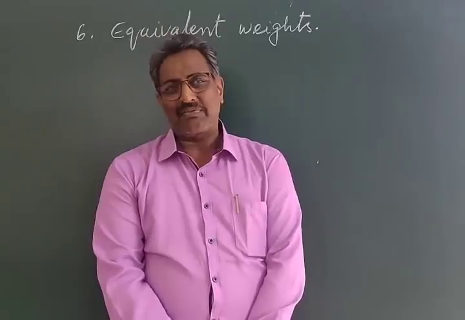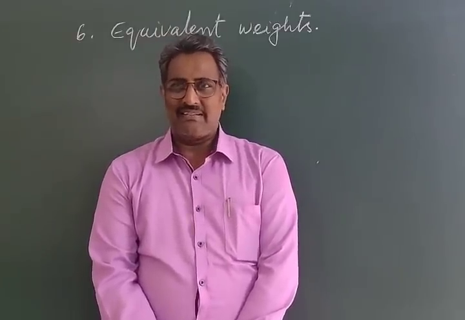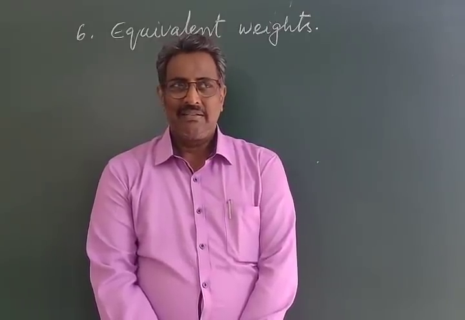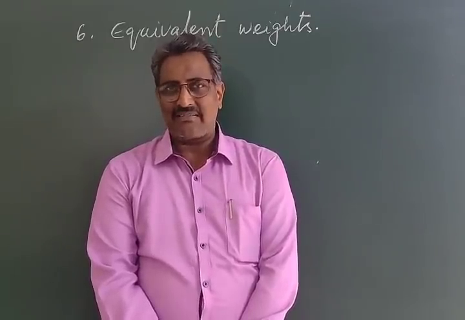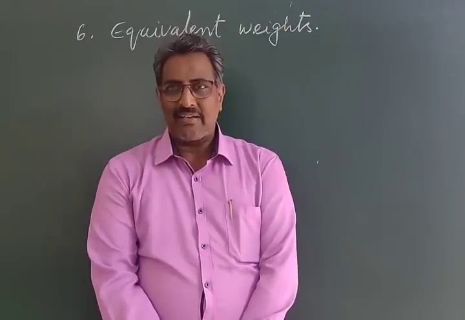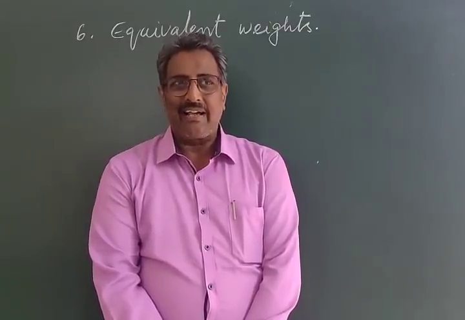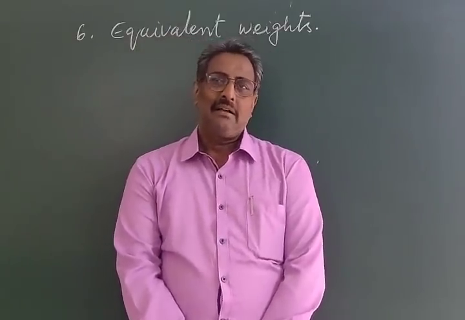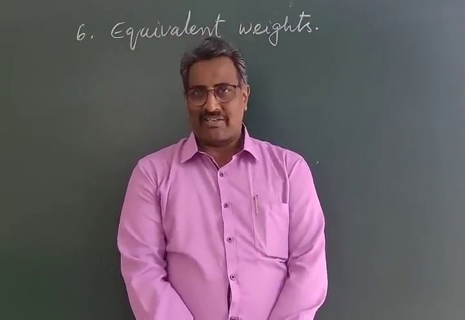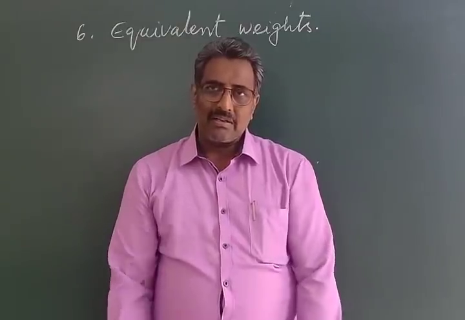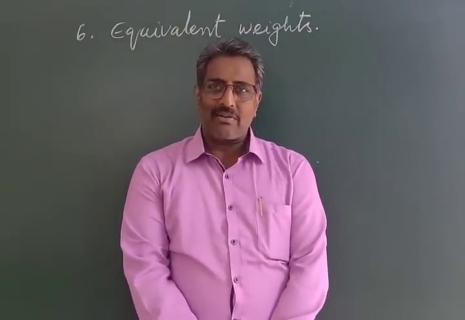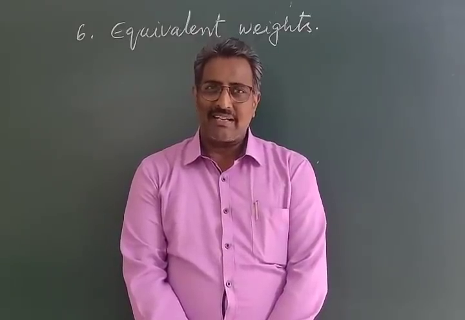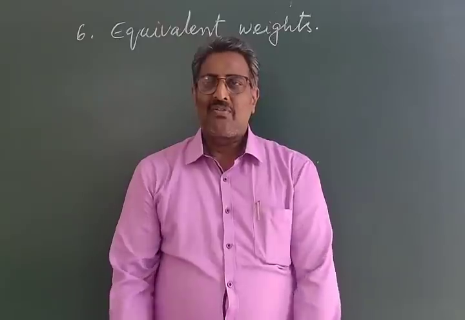The formula weight is also calculated just like the molecular weight, but it should not be called molecular weight. Okay? Gram molecular weight of substance contains Avogadro's number of molecules, whereas gram formula weight of substance contains Avogadro's number of formula units.